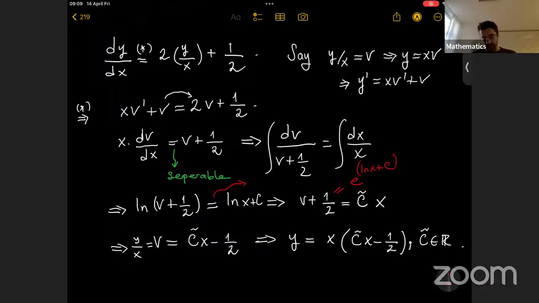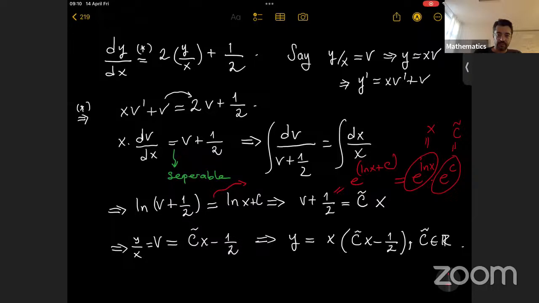E to the ln x plus c is what? E to the ln x times e to the c. E to the ln x is x, right? E to the c is another constant now, we call it c tilde, okay? Clear now? Okay, good.